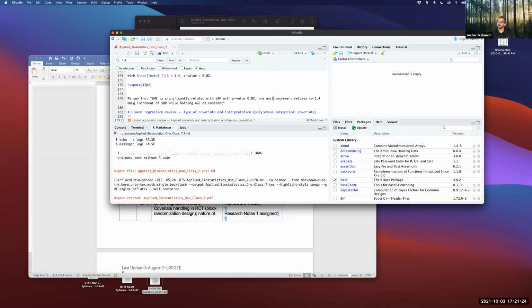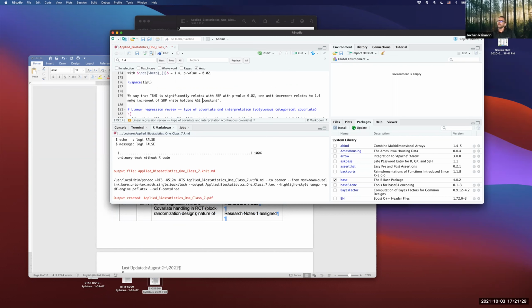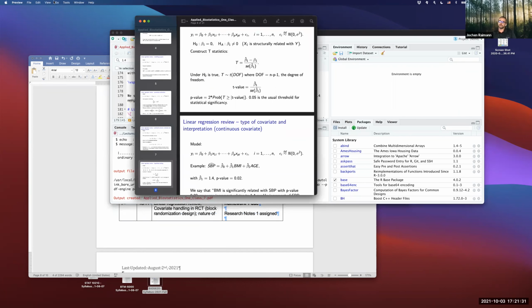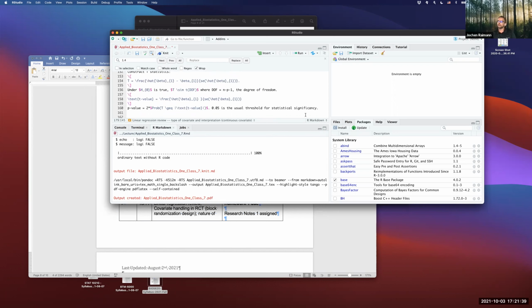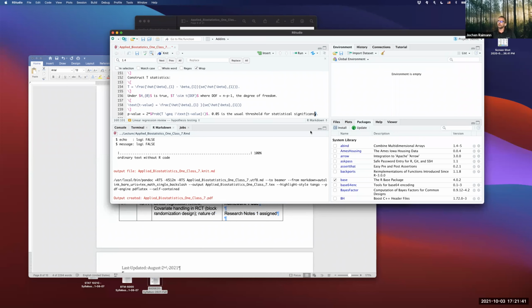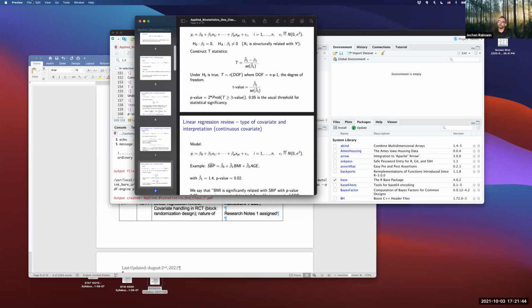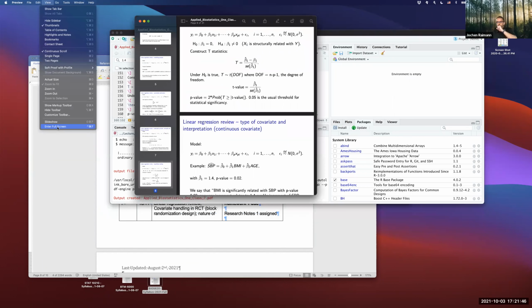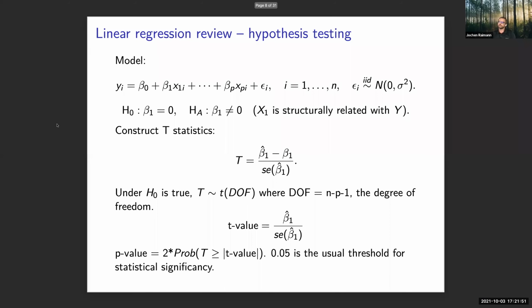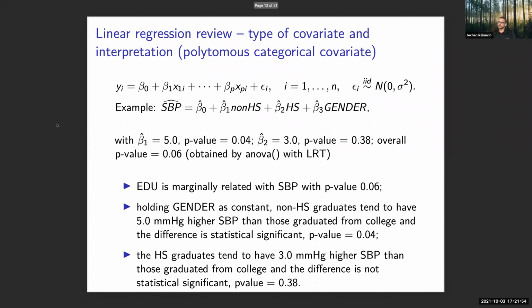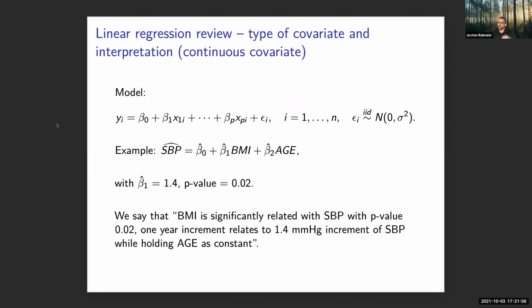Okay, I'm holding age constant. Good. All right, so back to this. Okay, so increase of 1.4 millimeter Hg with 1 unit increment of BMI, which is kilogram per meter squared.